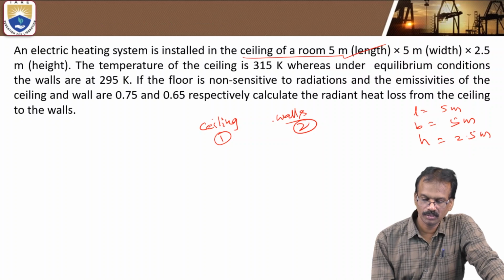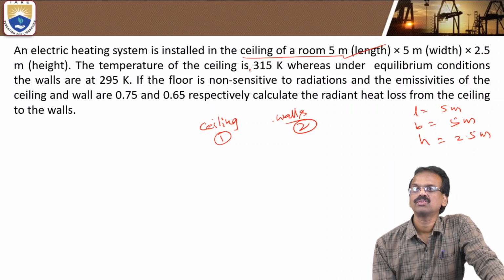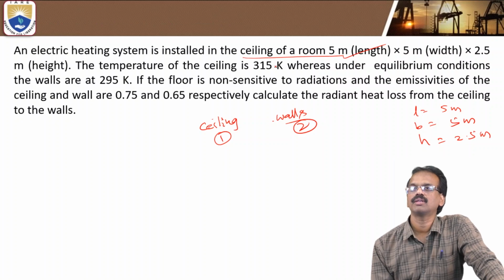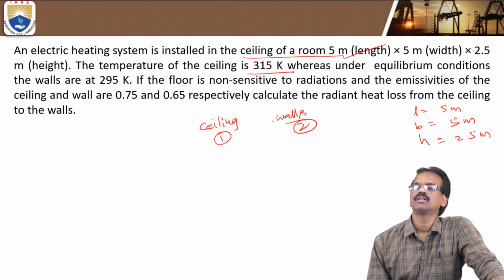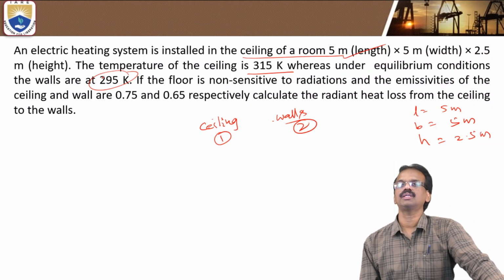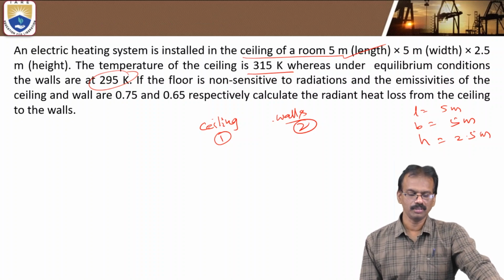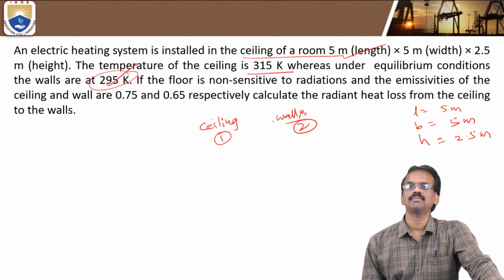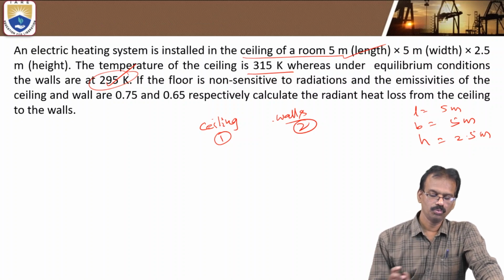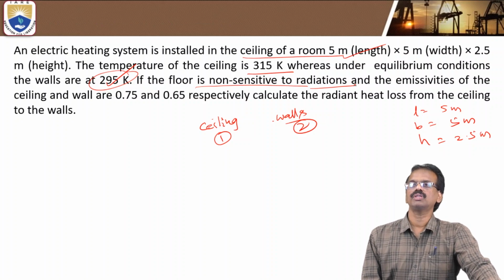First of all, let us understand the numerical. The room measurements have been given. The temperature of the ceiling is equal to 315 Kelvin, whereas under equilibrium condition the walls' temperature is also given. This means the four walls have the same temperature, 295 Kelvin. The floor is non-sensitive to radiation, so there is no need to consider the floor.